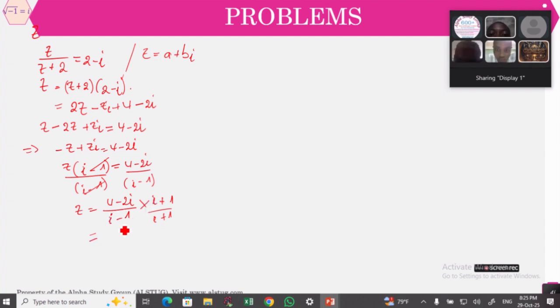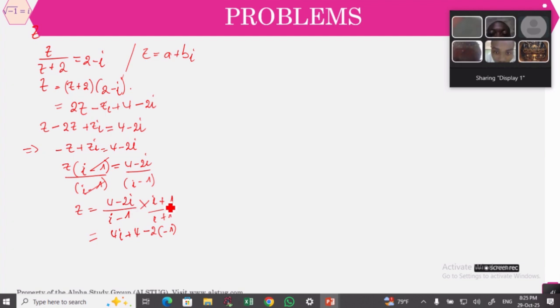So we'll end up with 4 times i, so we get 4i plus 4. We get negative 2i times i, we end up with negative 2 times i squared, and i squared is negative 1.